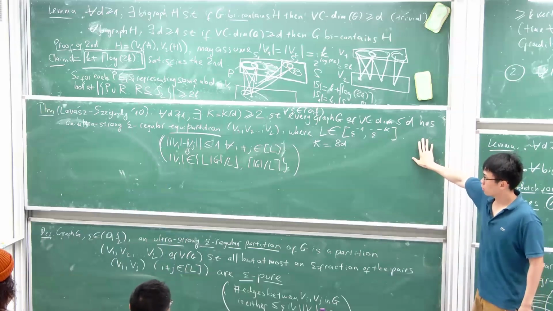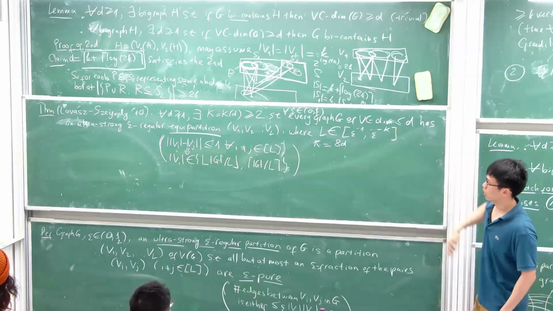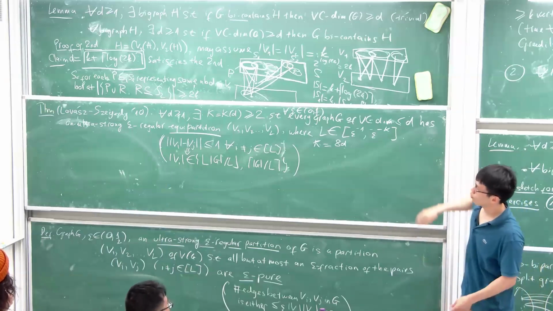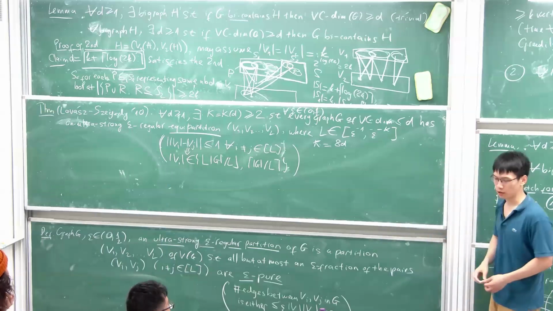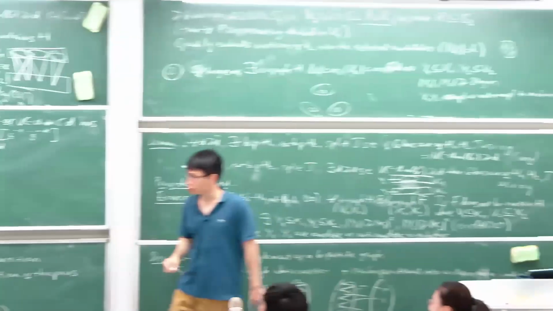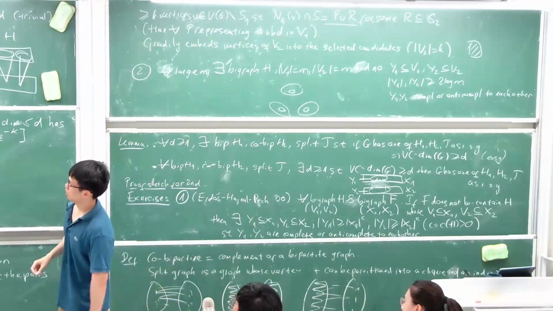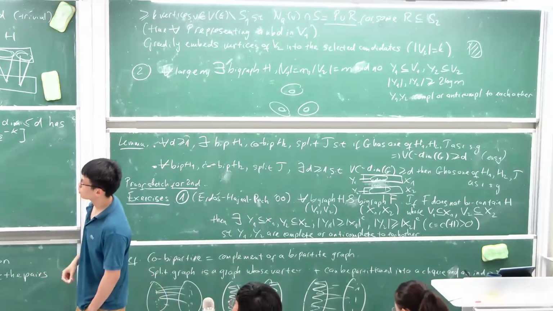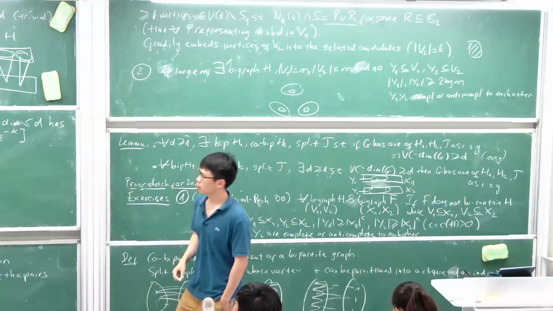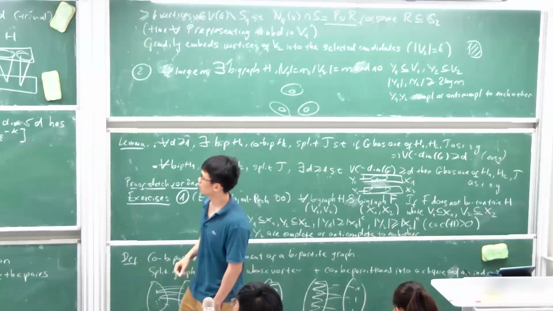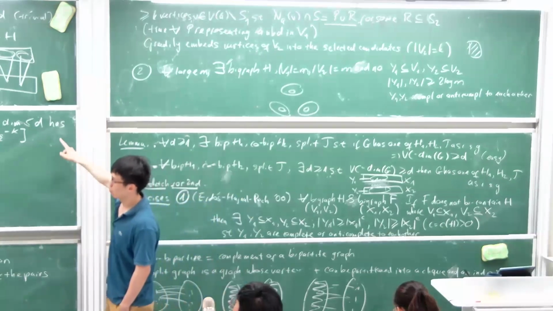Okay. So a bit about the history of this result. This theorem was proved first by Lovász and Szegedy using graph limits, and there was an earlier version by Alon, Fischer, and Newman called quasi-regular partitions.